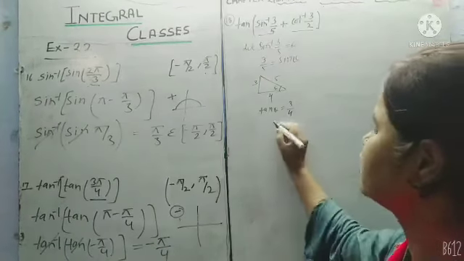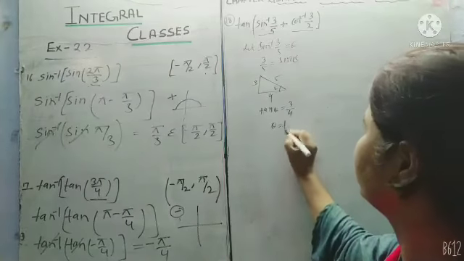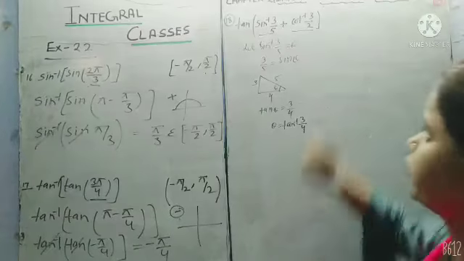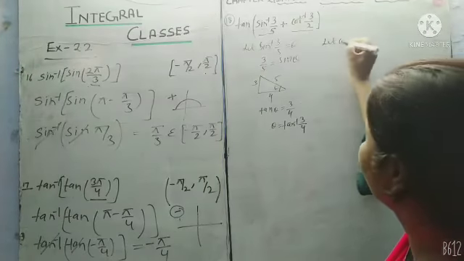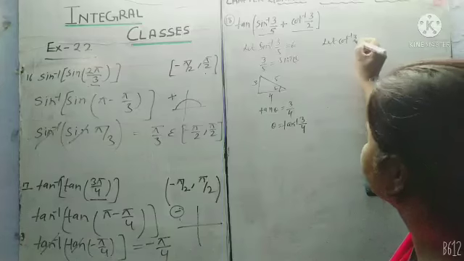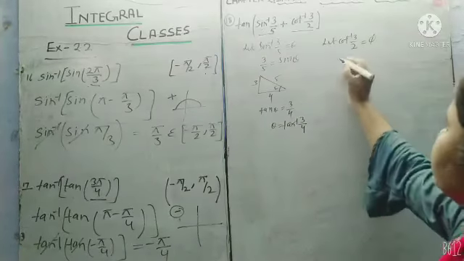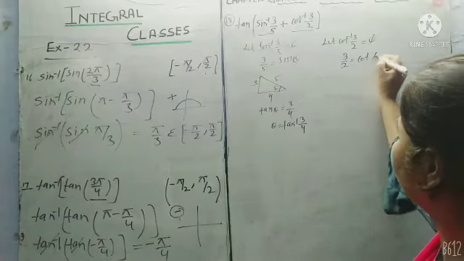So theta equals tan inverse 3 by 4. Similarly, we will change this one. Again, let cot inverse 3 by 2 equal to phi. Suppose then 3 by 2 equals cot phi.